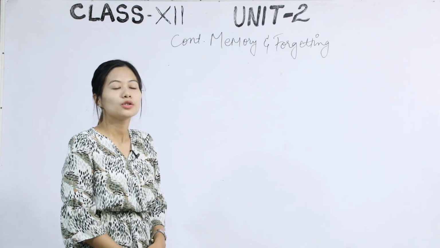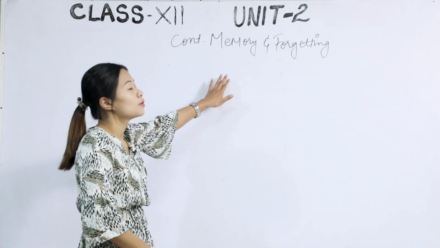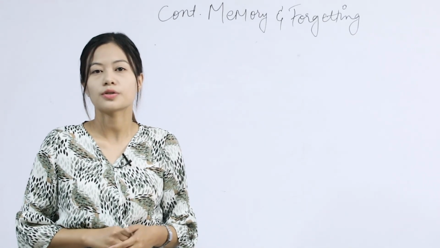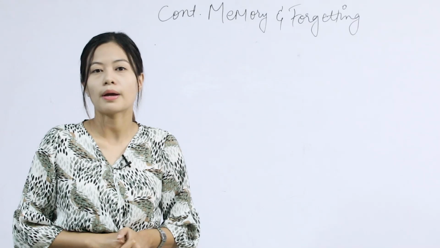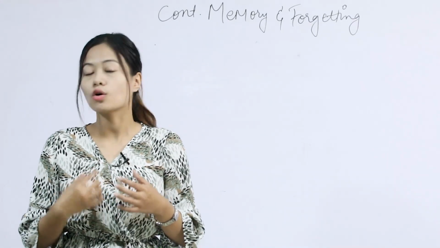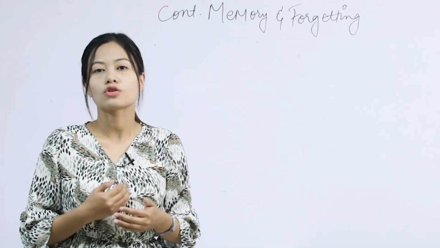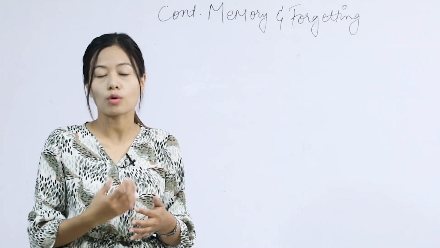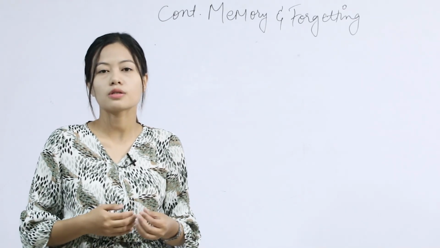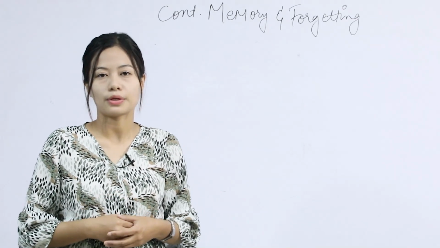Today we will continue with the same chapter, that is memory and forgetting. In the last class, we discussed what is memory, the three domains of memory, that is encoding, the process of encoding new information, storage, the process of maintaining new memories, and retrieval, the process of bringing back stored memories.